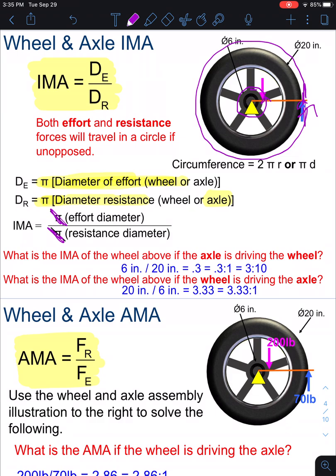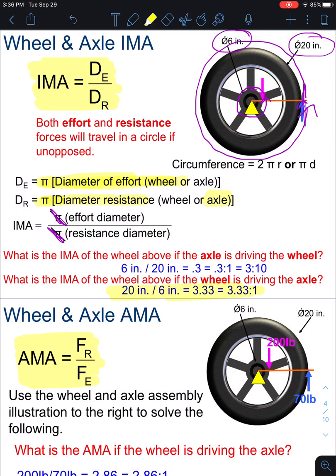Here we have the radius of the wheel is 20 inches, and the radius of the axle is 6 inches. Okay, so this is the one that I'm doing right down here. 20 inches divided by 6 inches is 3.33. If we had it the opposite way, where turning the axle would be our effort force, and that in turn would turn the wheel, then it would be the opposite.